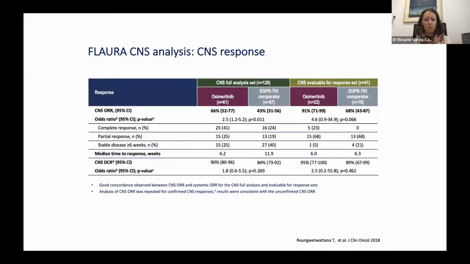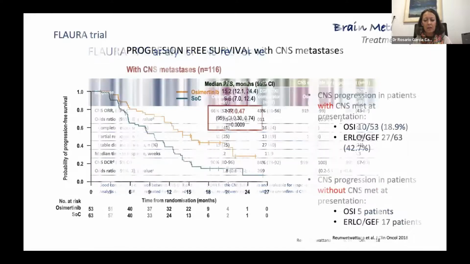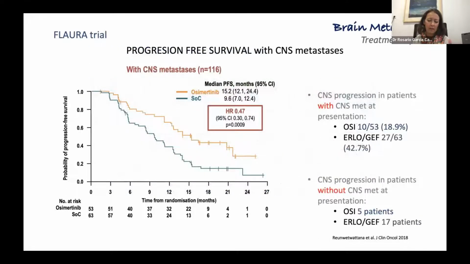If we focus on those patients with CNS metastases that are evaluable for response, response rate is 91% for those receiving osimertinib compared to 68% for those receiving the standard of care, the conventional EGFR first generation tyrosine kinase inhibitor.